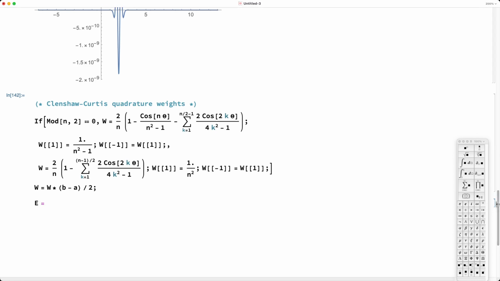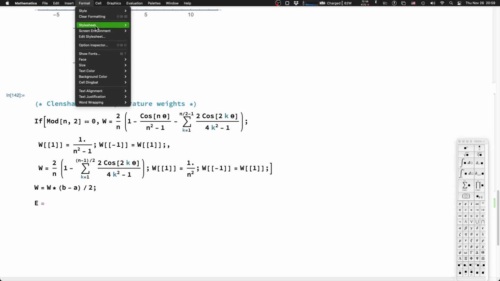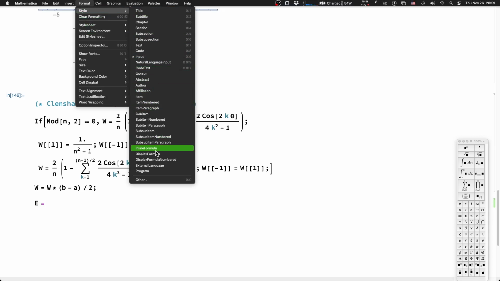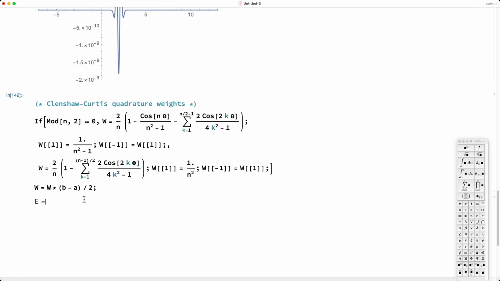I can use an inline formula or display formula here. So that's the integral from a to b of partial x u, integrated over x, that has to be squared.